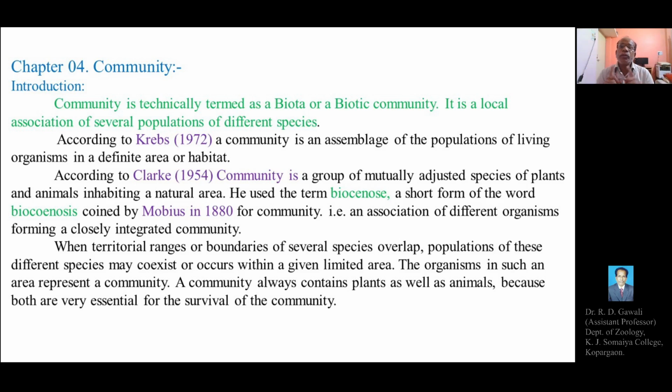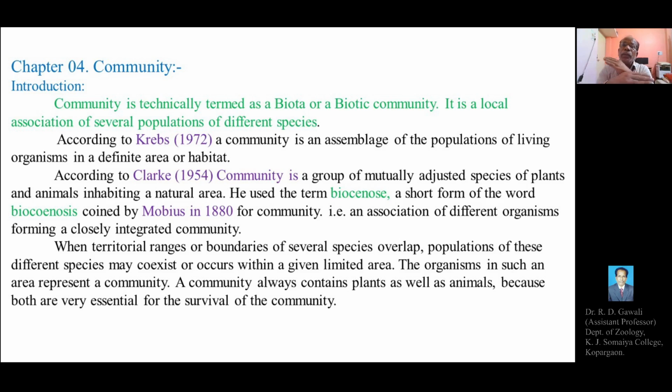Mutually adjusted means the species of plants and animals are adjusted mutually, they are beneficial or having a relationship with the exchange of their needs. There is a sort of relationship between the plants and animals, and these are mutually adjusted, meaning they exhibit a helping nature to one another, or these might be independent.